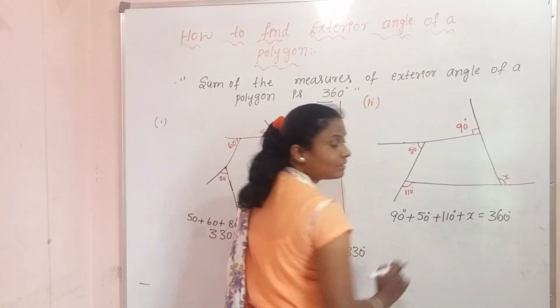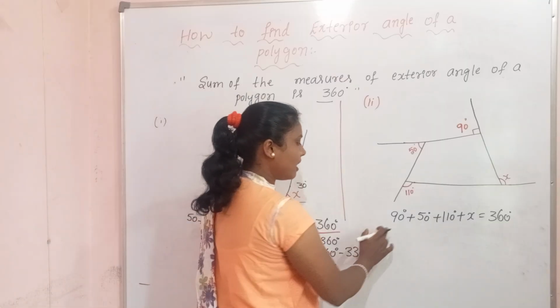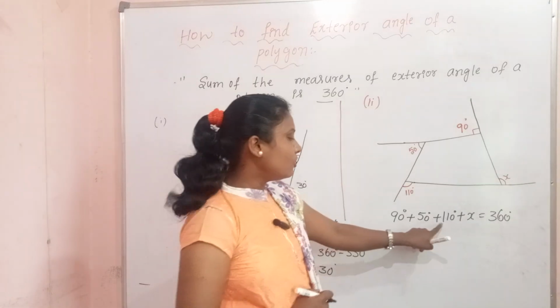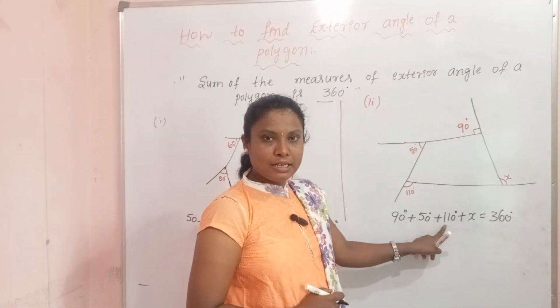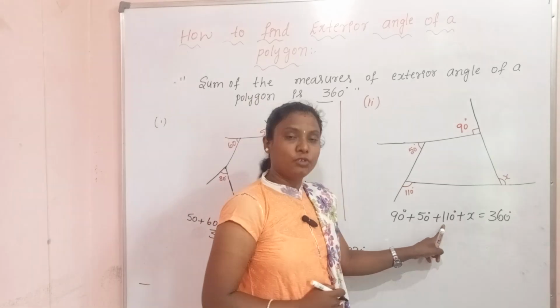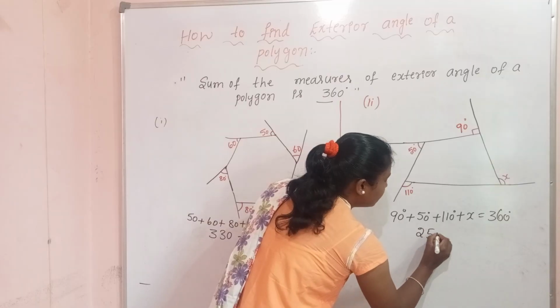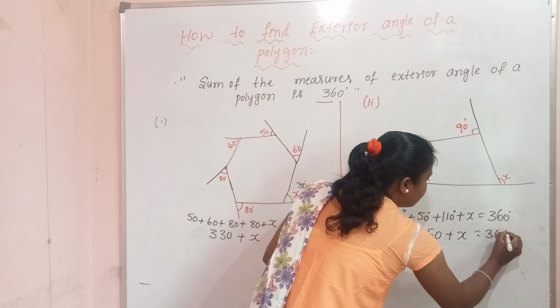How many angles are there outside? All the angles we need to write, and afterwards we have to add. 90 plus 50 is 140 degrees. 140 plus 110: 240 plus 10, 250, plus x equals 360 degrees.